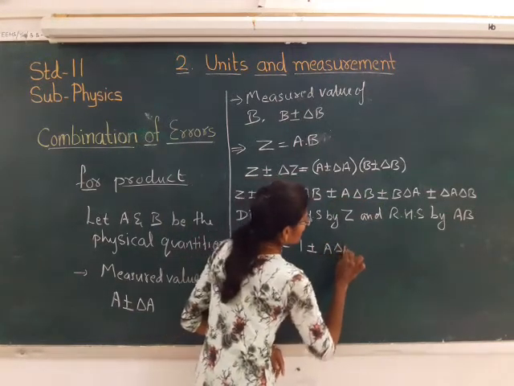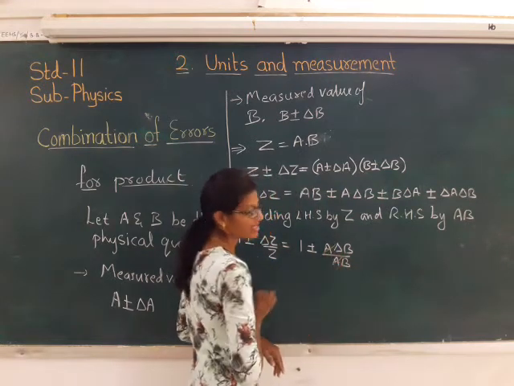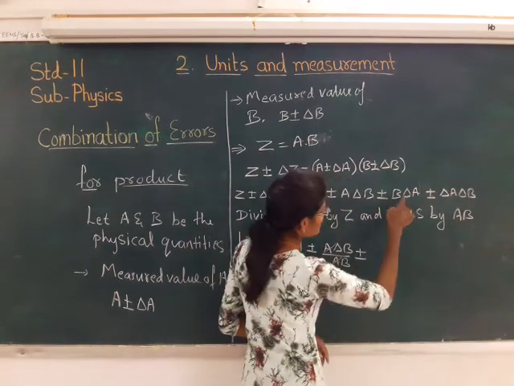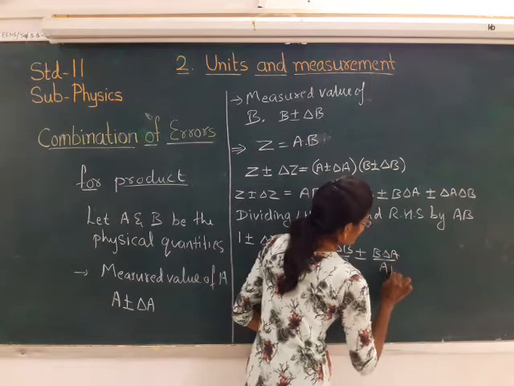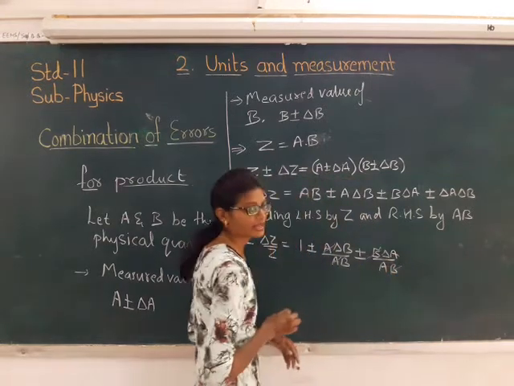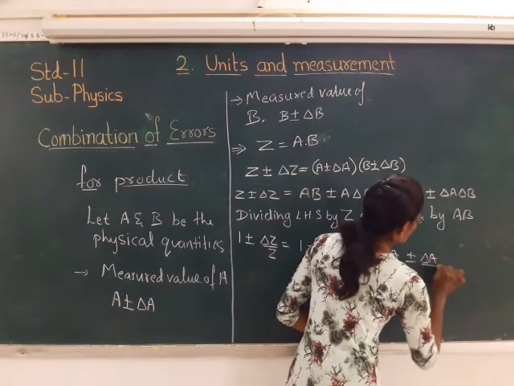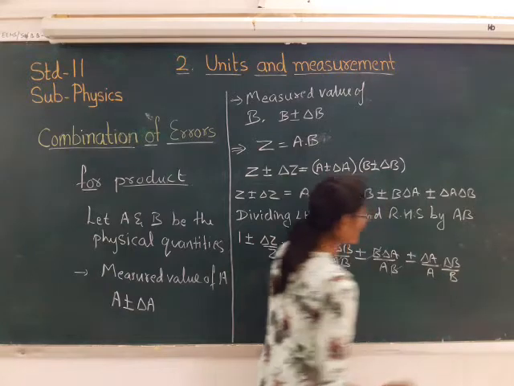Here A gets cancelled and we have delta B by B. Over here plus minus B delta A upon AB. So B gets cancelled. Over here it can be written as delta A by A dot delta B by B.